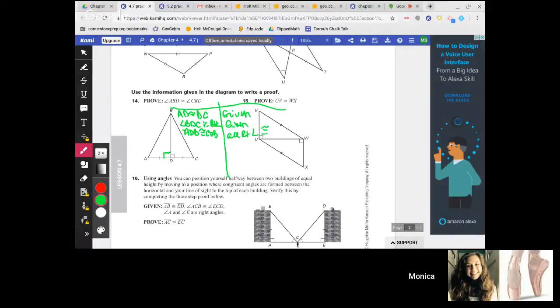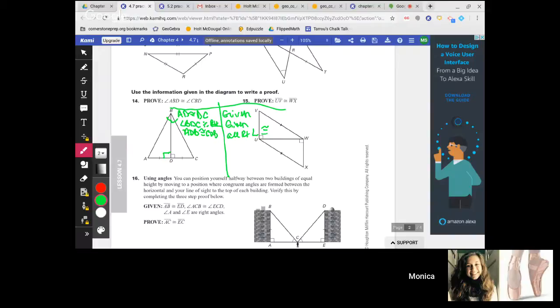Okay. And then, if we're trying to prove that angle ABD, so this angle, and angle CBD are congruent, that's our ultimate goal. The next thing we need to look at is probably just trying to prove those two triangles are congruent to each other.